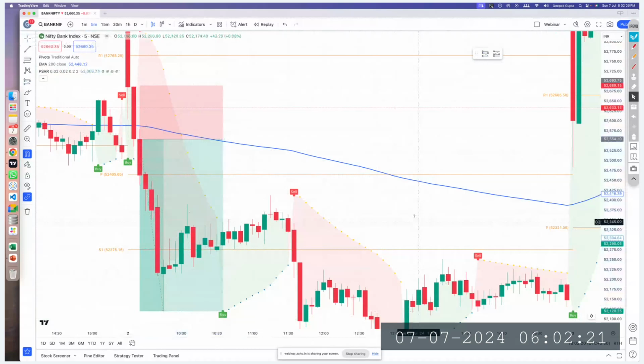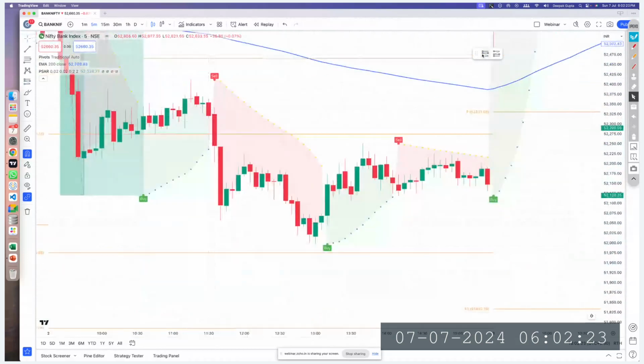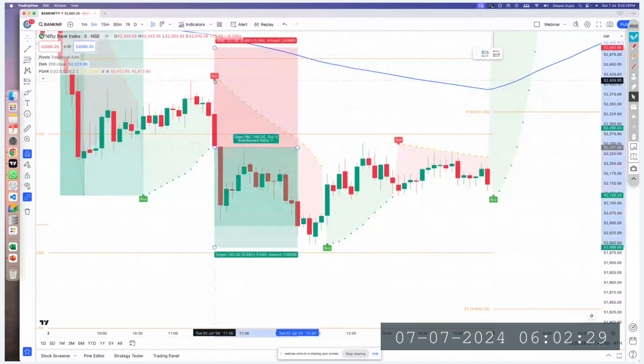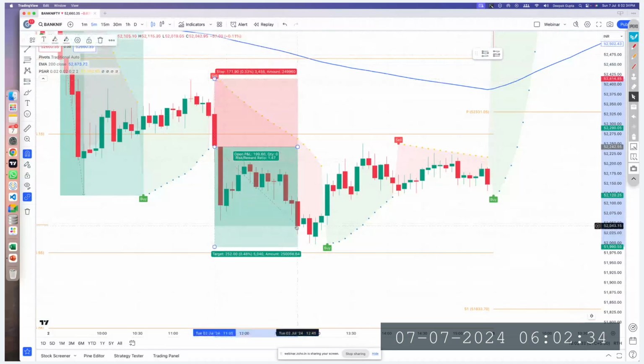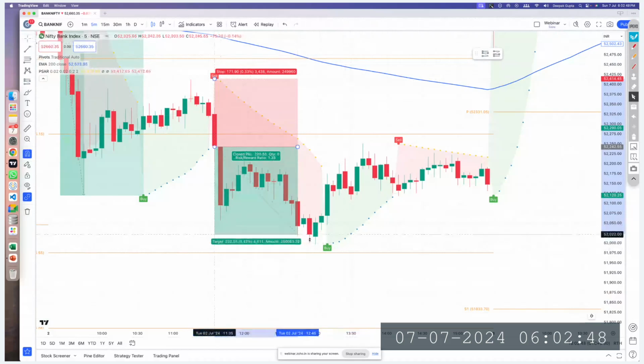It gave a second sell signal that day if you want to take multiple trades. So it gave a sell signal here. I'll sell at this point, keep the stop loss at the high of the previous candle and look at where it went. Downside, up to this point.